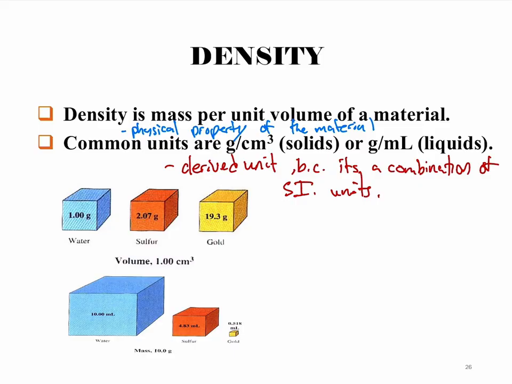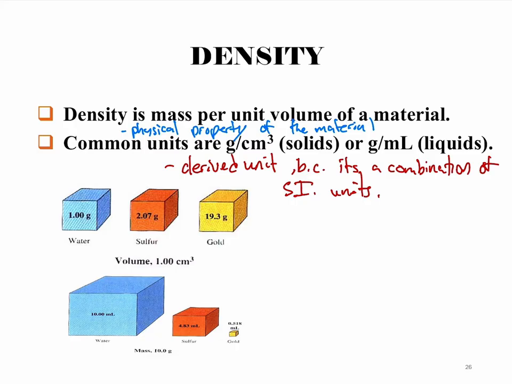Here we have an example of 3 different materials that all have the same volume. How do you know they all have the same volume? Well, they all occupy the same 3D space here, but they all have different masses. That's because the density for each of these is different. We also have the same materials here. Now they all have the same mass, but we see that the volume has increased.